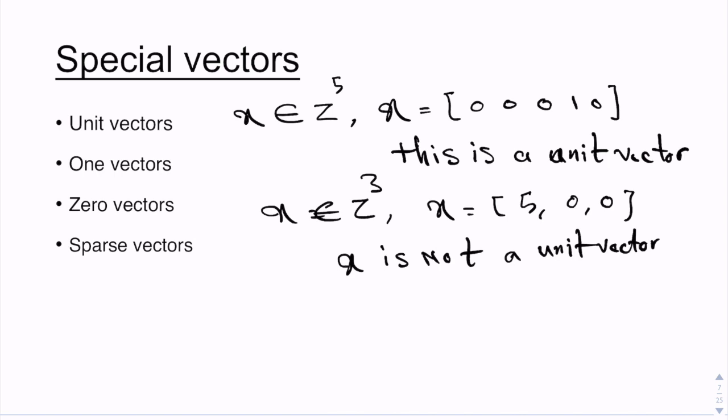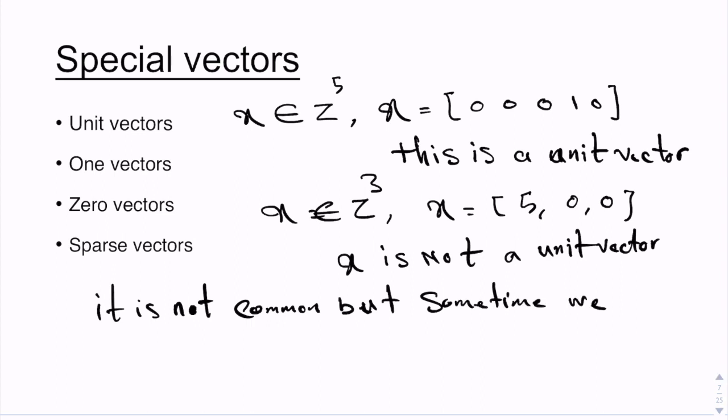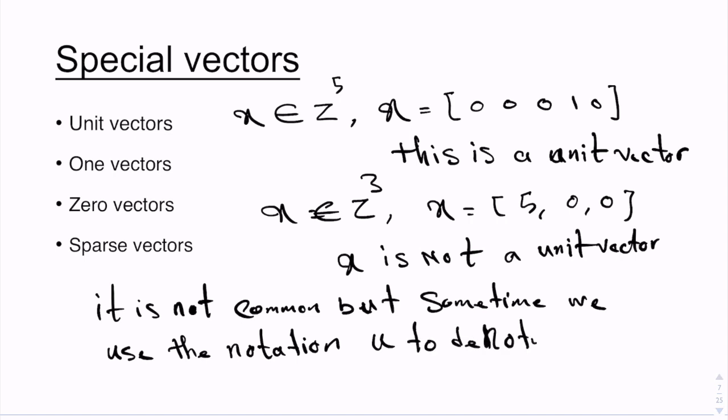So usually we use the notation of U, it is not common, but sometimes we use the notation U to denote a unit vector. Okay, to denote a unit vector.